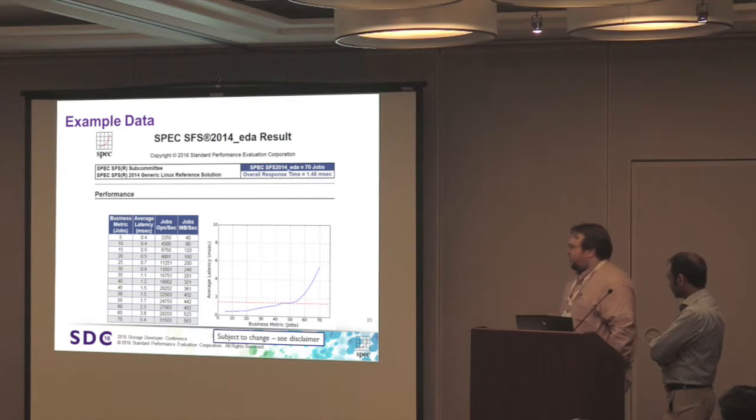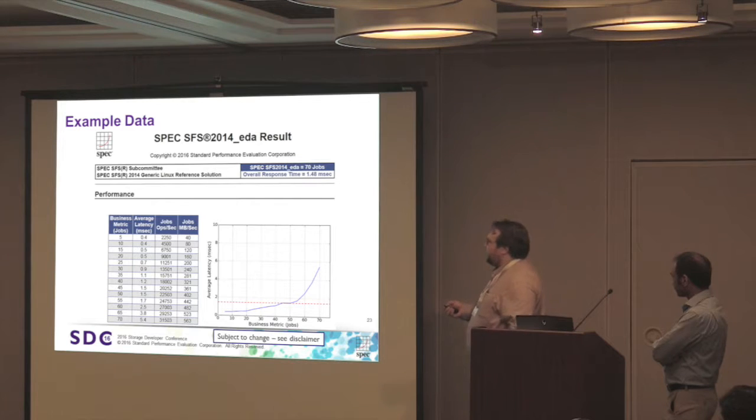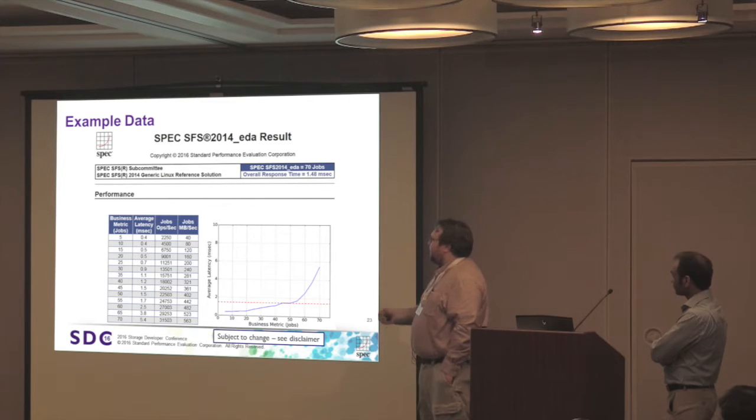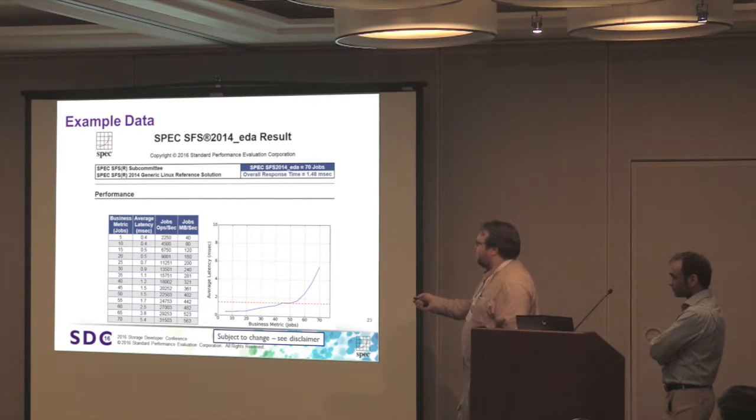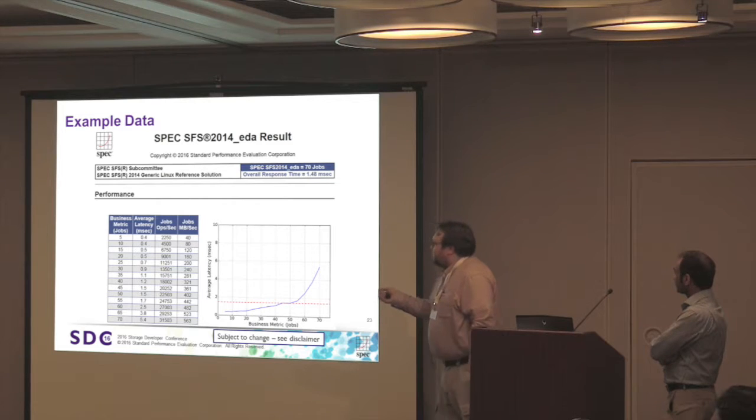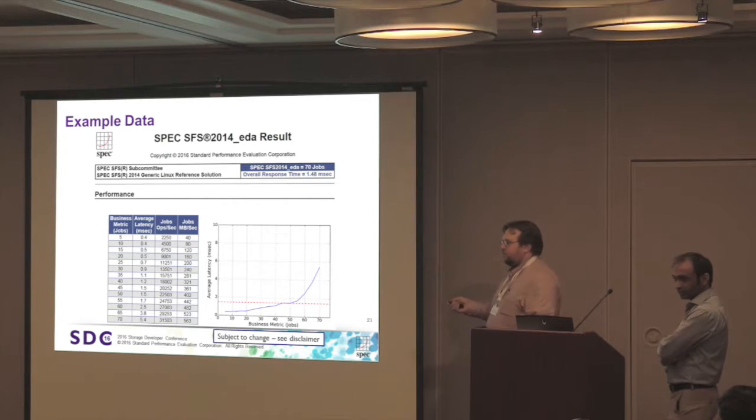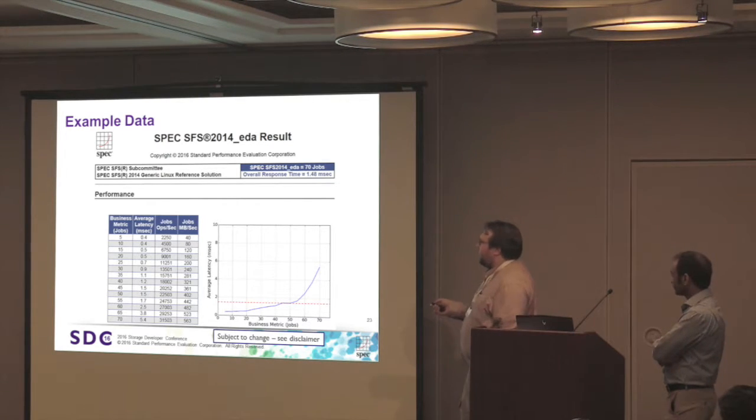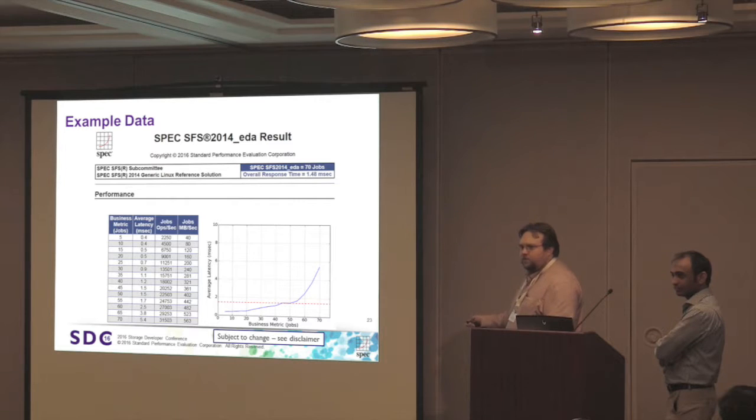So I wasn't sure if I'd be able to do this, but I did. This is not an official SFS 2014 result by any means. It's just an experiment. You can see it's a generic Linux NAS server, and it's just example data. But I took a generic Linux NAS server, CentOS 7.2, and some clients, and I ran the EDA workload as we've defined it in the previous slides. And you can see we get a fairly standard operations per second versus latency curve.